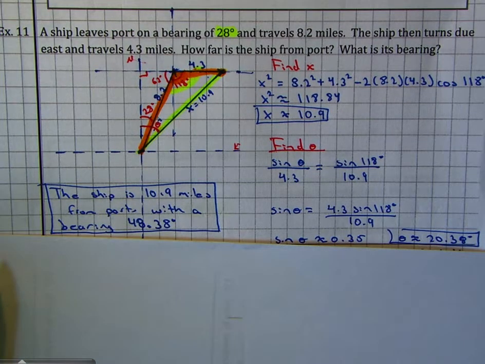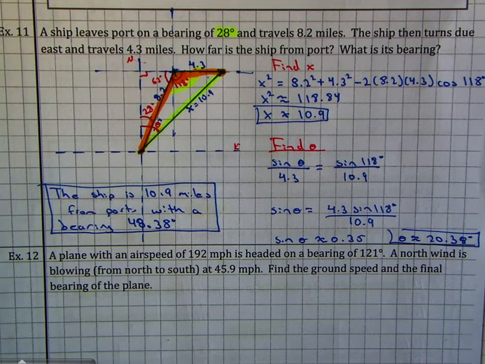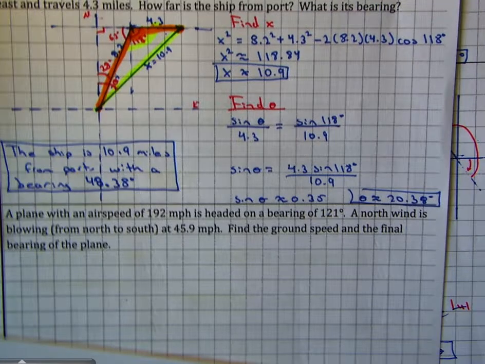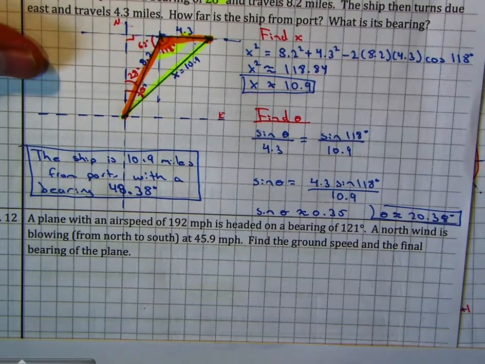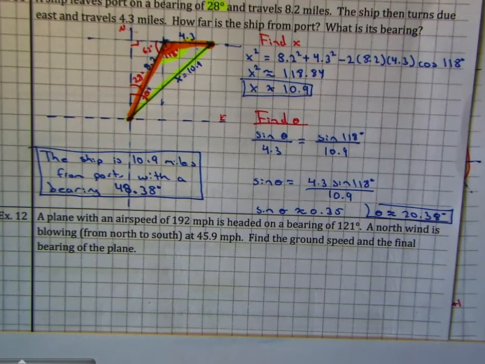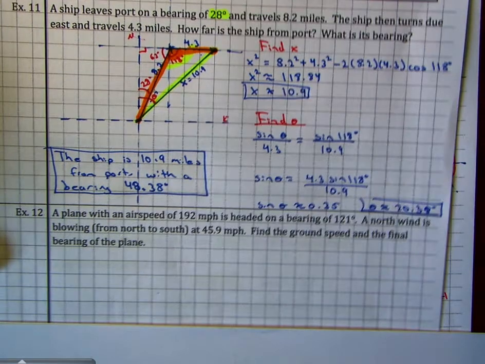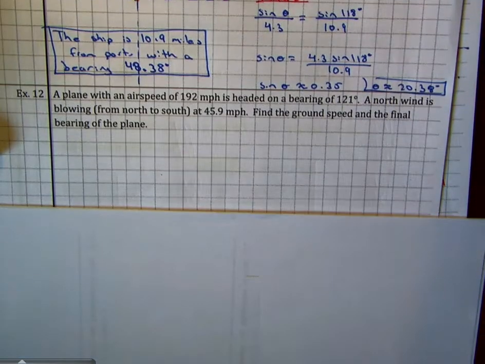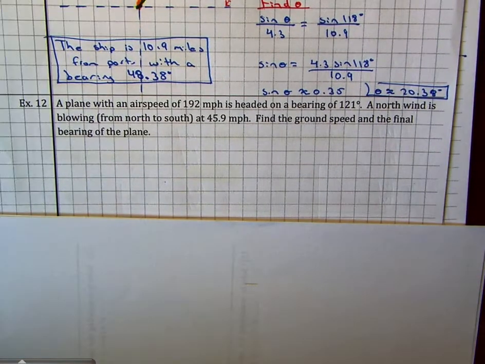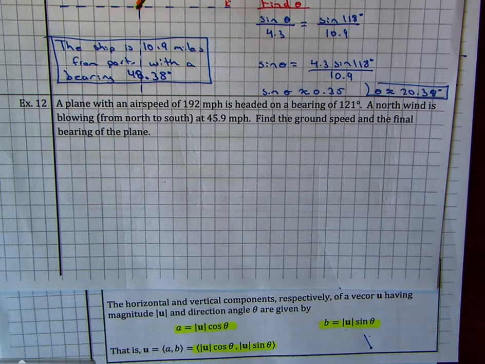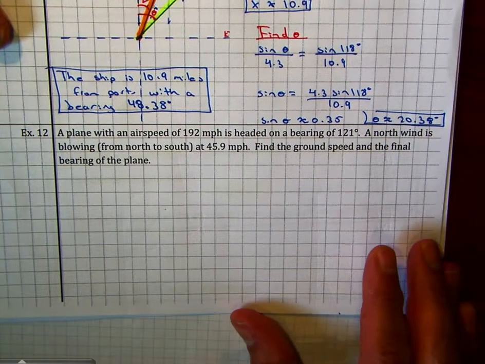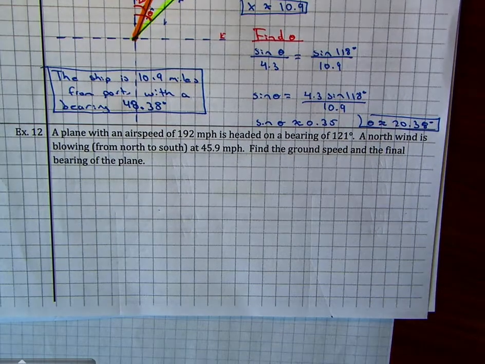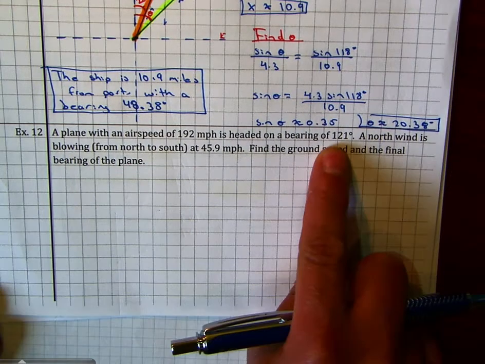Example number 12. We're going to take the time to copy it down, and then we can work it out. So a plane with an airspeed of 192 miles is headed with a bearing of 121 degrees.